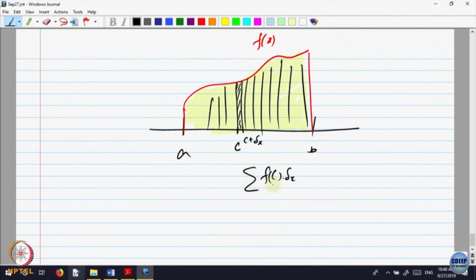And the idea of summation is the same, that you take partitions and make the partition finer and finer. But his idea is, instead of taking the minimum and the maximum in that subinterval, take any value in that subinterval and take a rectangle of that height. So let me define that.